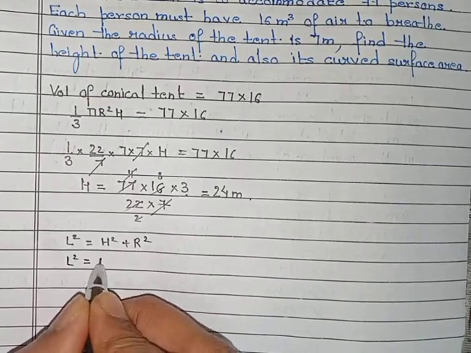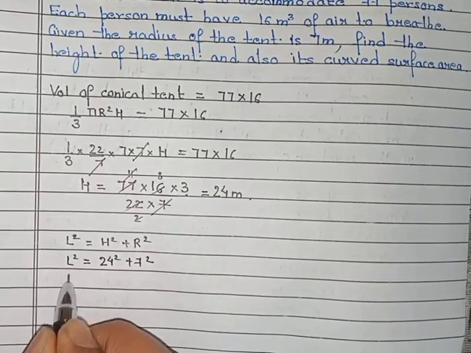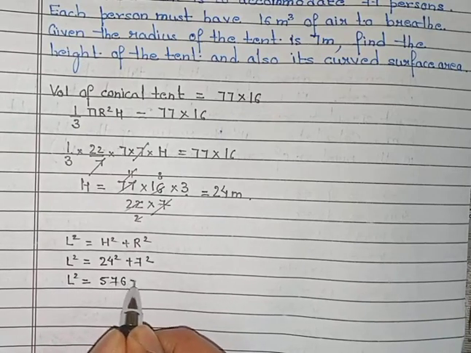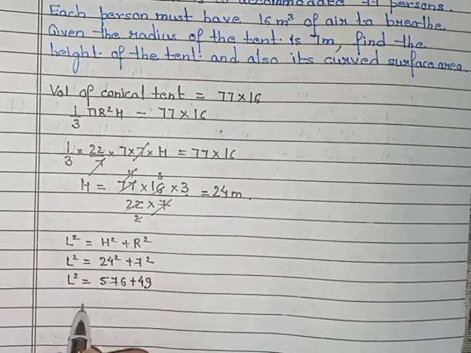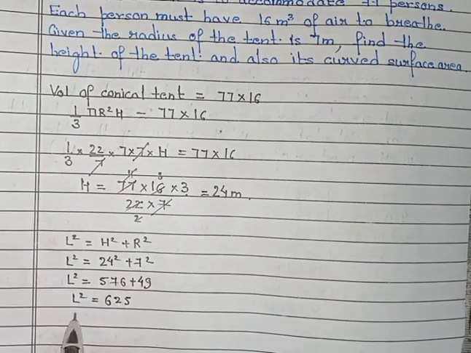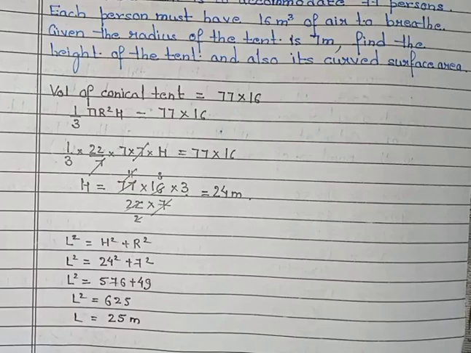Height is 24, radius is 7, so L square is 576 plus 49, so L square is equal to 625. From here you get the slant height as 25 meter.